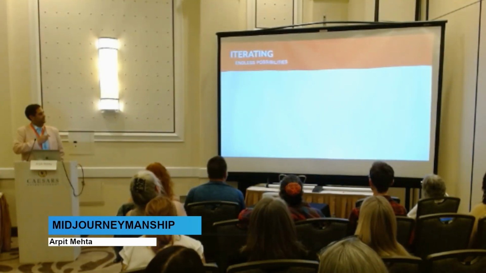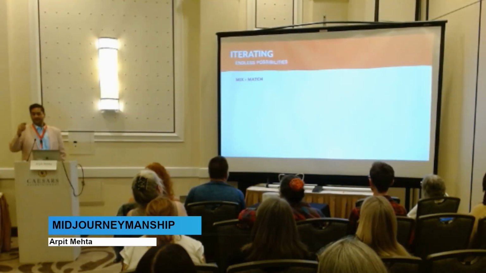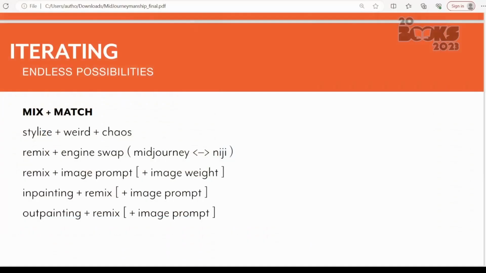So, endless possibilities. You can mix and match in many different ways, and this is, again, just a handful. You can do stylized, plus weird, plus chaos, and so you can do any sort of combinations.